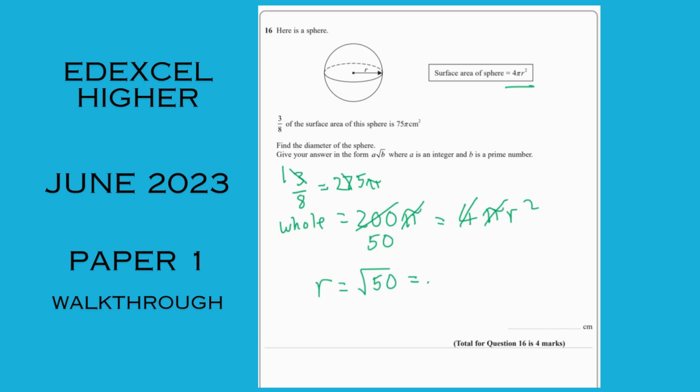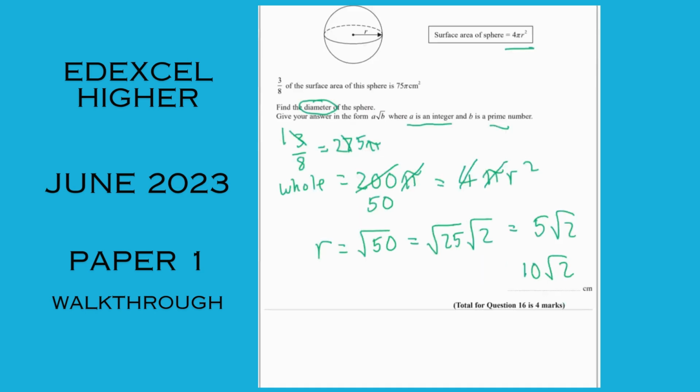Square root of 50 is square root of 25 times the square root of 2, which is 5√2. But be careful, it wanted the diameter, so we need to double it. Let's make sure we fulfill the criteria. A is an integer, yep, whole number 10, and B is a prime number, yep, it's a 2.